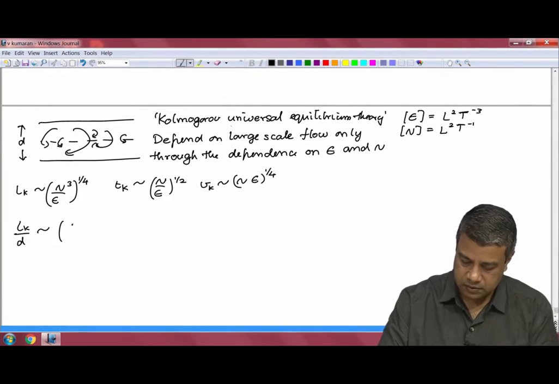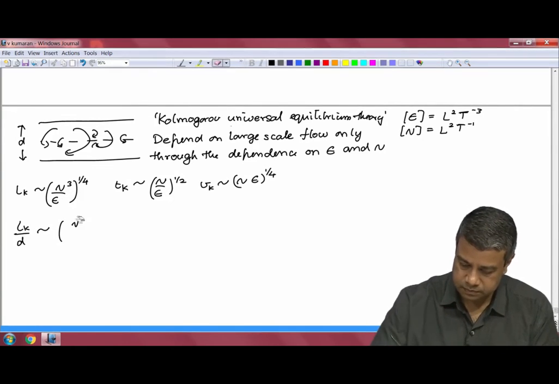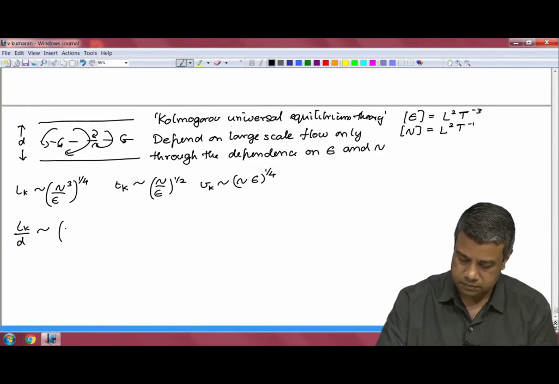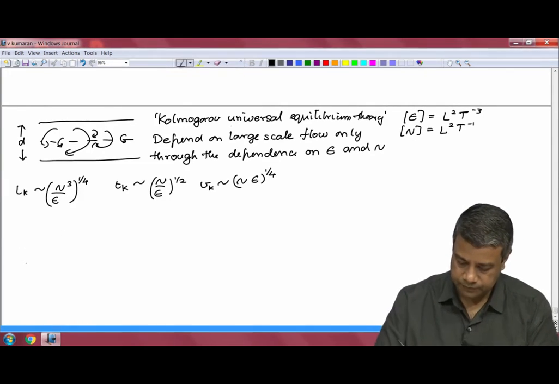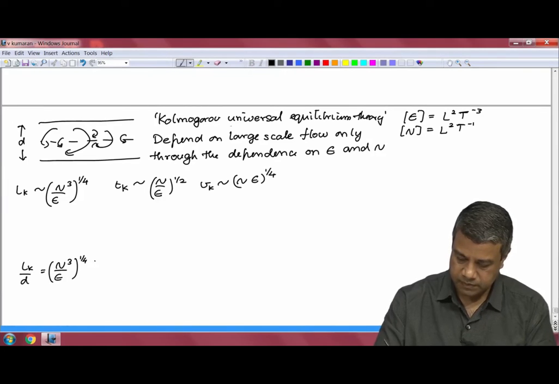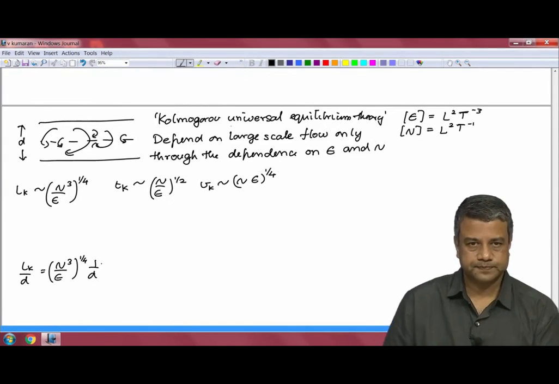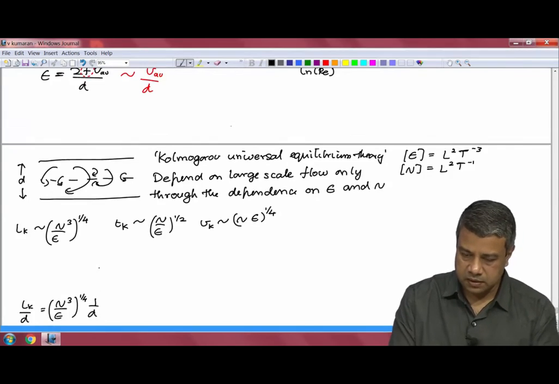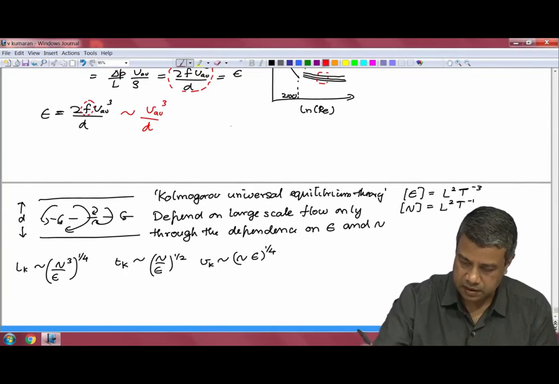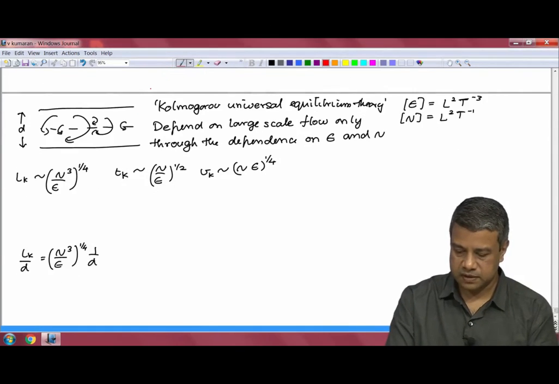The Kolmogorov length scale over d is equal to (nu cubed by epsilon) power 1/4 times 1 over d. Now, I can write down that epsilon is V average cubed by d.